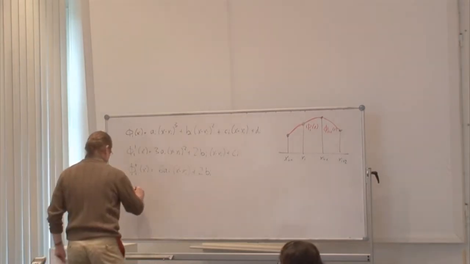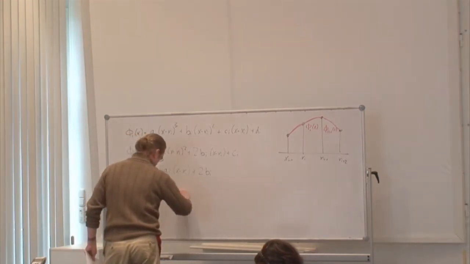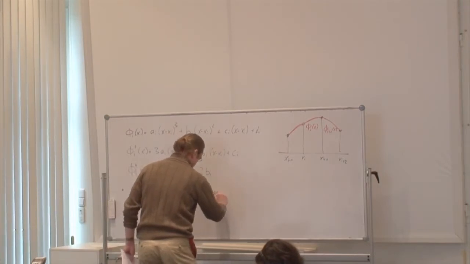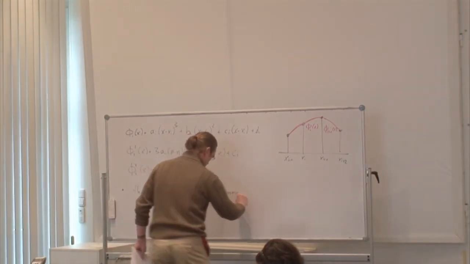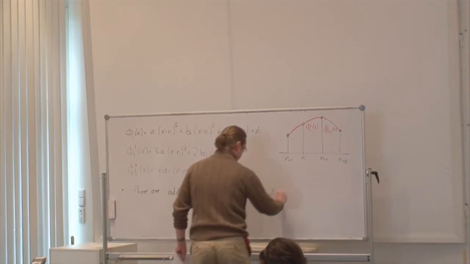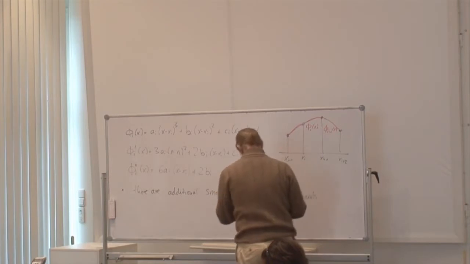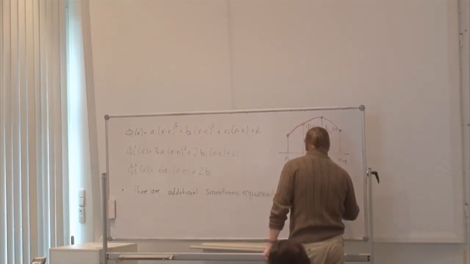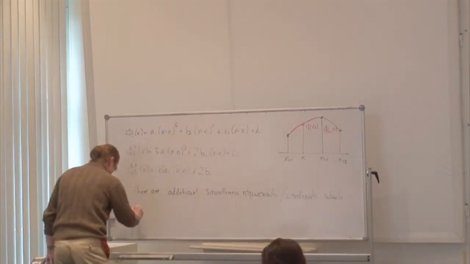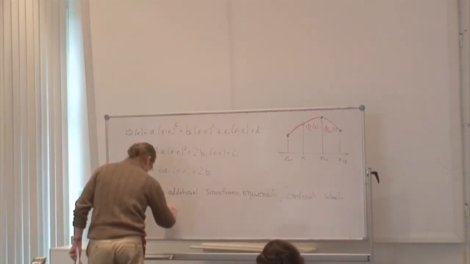So let me say, there are additional smoothness requirements, or the fancy term is constraints, which the function we are actually interested in, f hat of x, should satisfy.